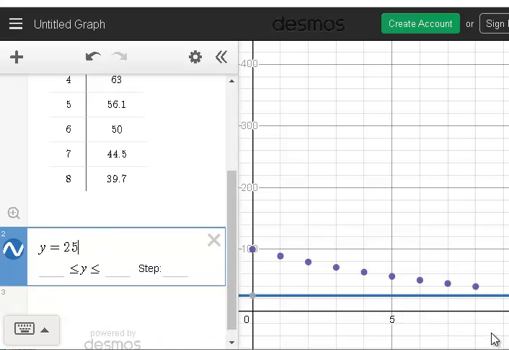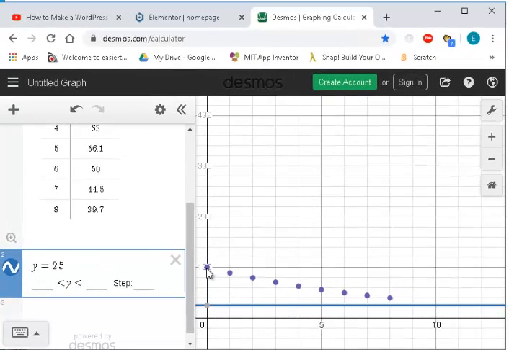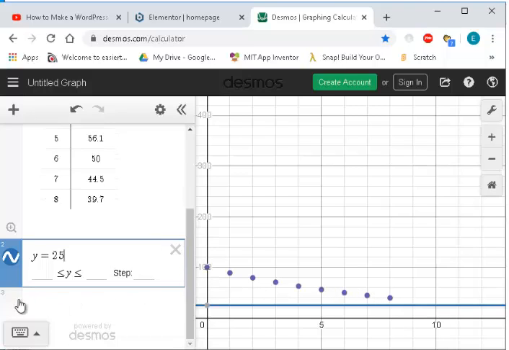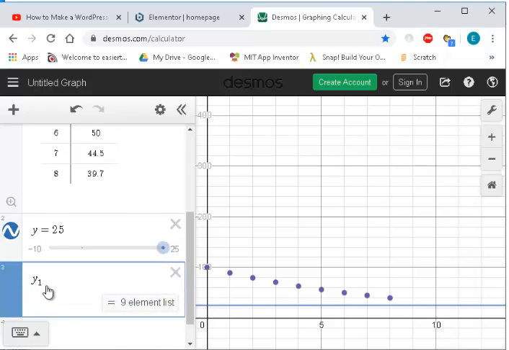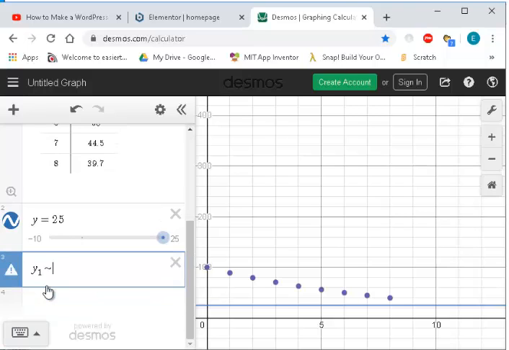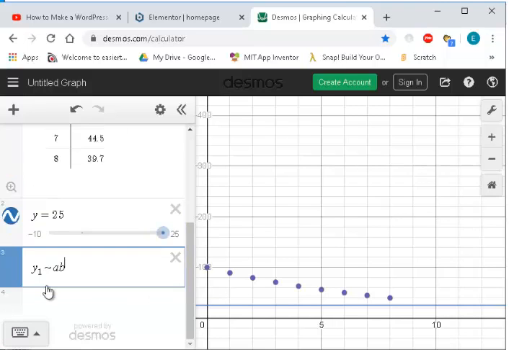Now, you can see that the graph does not intersect with this line. So what I'm going to do is find the exponential of best fit that goes through these points and then find the point of intersection with that graph. So again, we're going to write y1 tilde a b to the exponent x1.